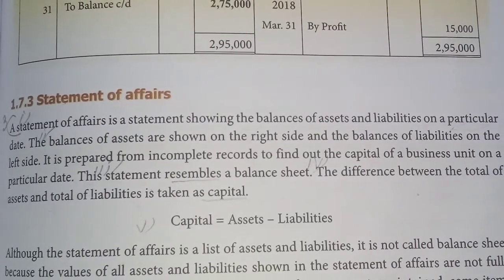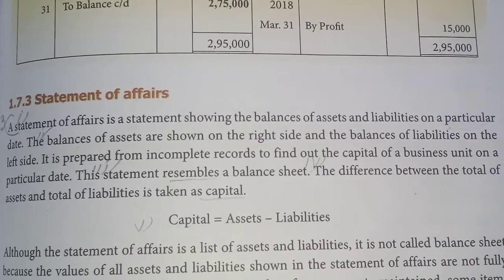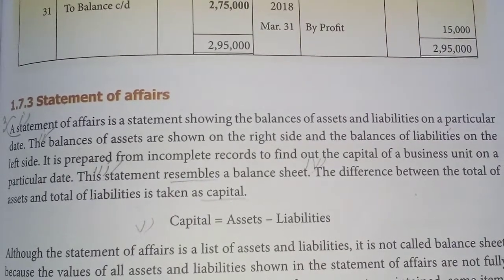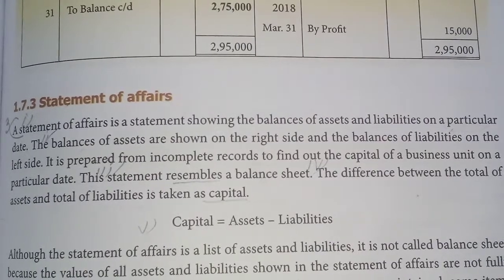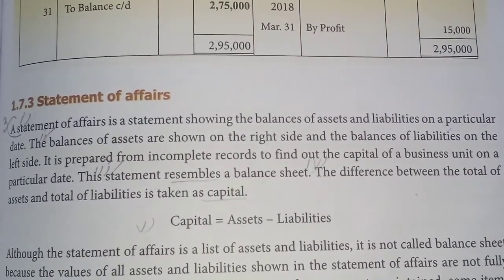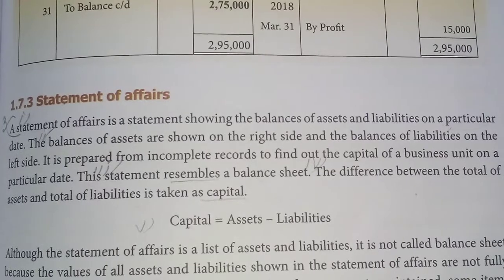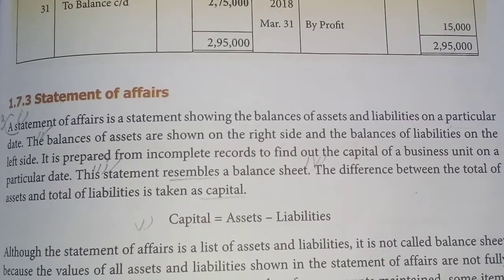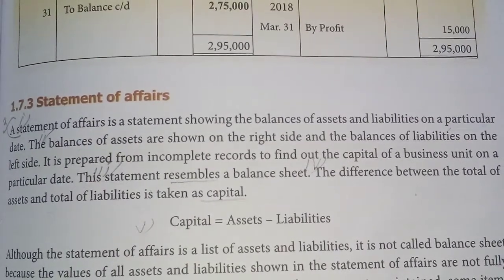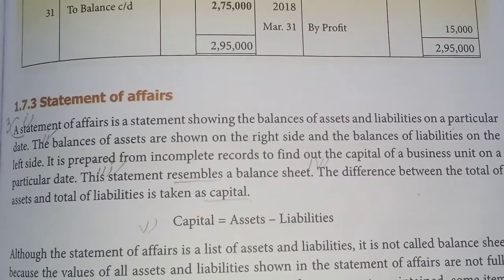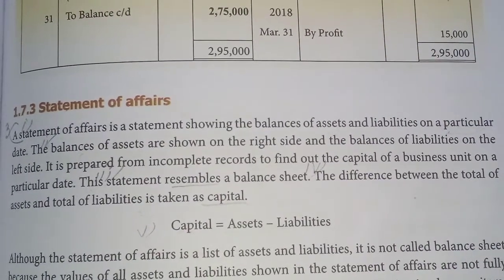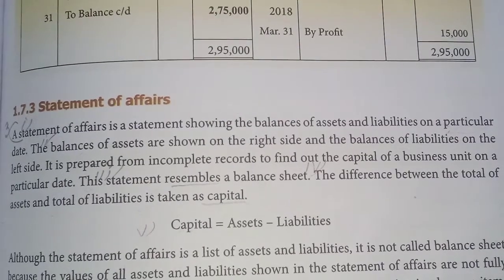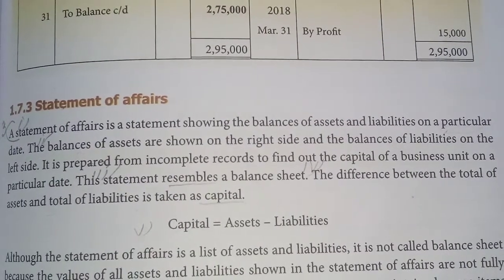So it resembles the balance sheet. All the assets, we know very well, will appear on the right side and the liabilities on the left side. Then the difference amount will be the capital, either the opening capital or the closing capital. We know the accounting equation, which we studied in 11th standard: assets is equal to capital plus liabilities.